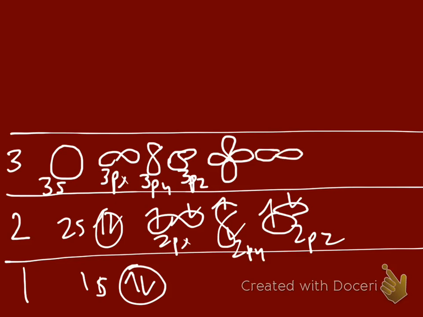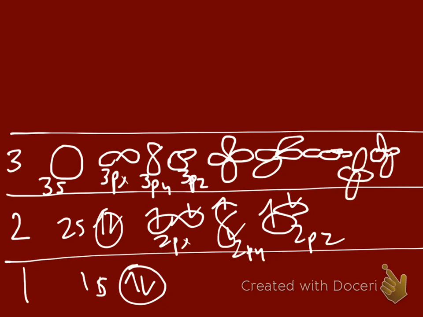So we've got leaning back, flat looking at us, sideways on, and donut and dumbbell. So 3d1, 3d2, 3d3, 3d4, and 3d5.